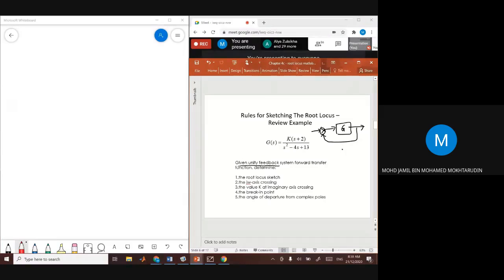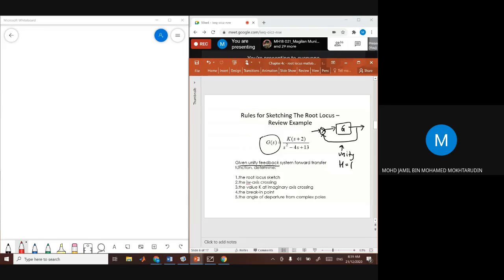The feedback here is unity, meaning that H equals 1. For unity feedback, you can straight away find the poles and zeros from G(s). But if non-unity feedback, then you need to determine the closed loop transfer function.